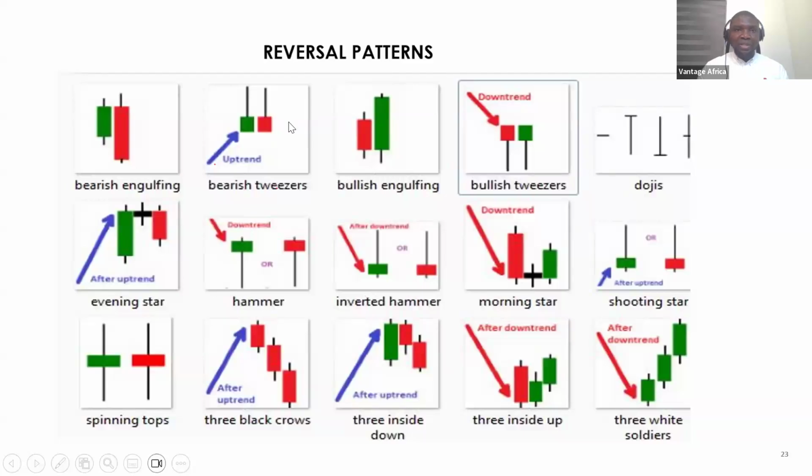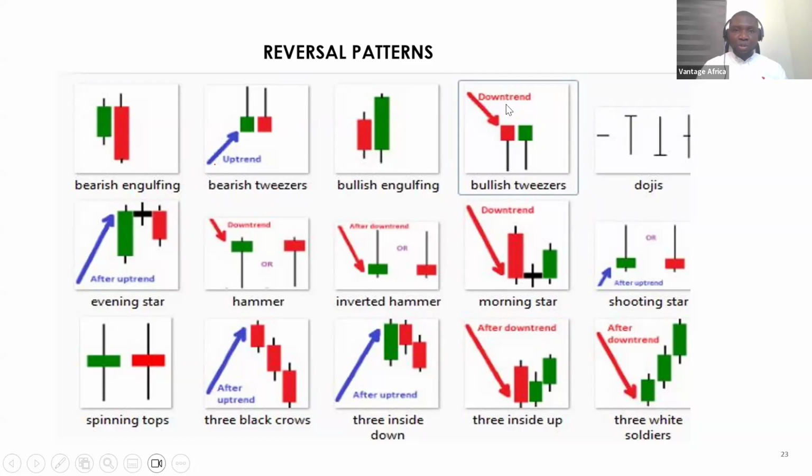When you see a bearish tweezer like this, a green candlestick followed by a red candlestick is signaling a sell. Just think about it as a red following a green. When a red follows a green, that's a sell signal.